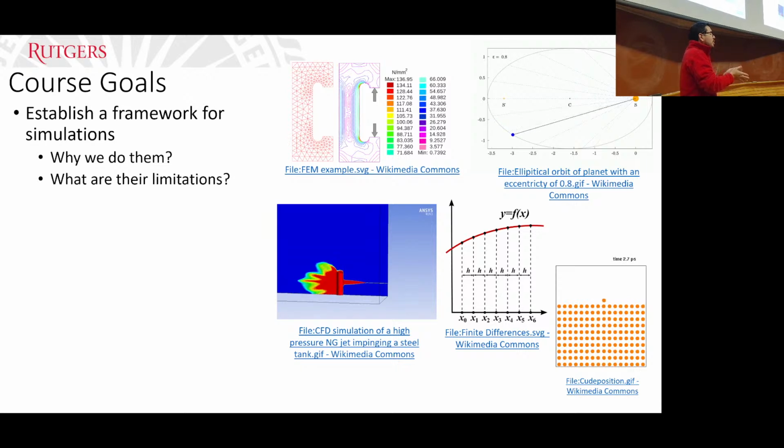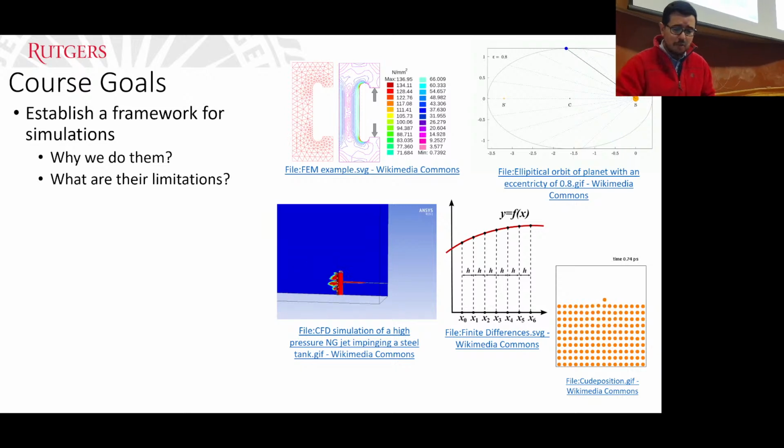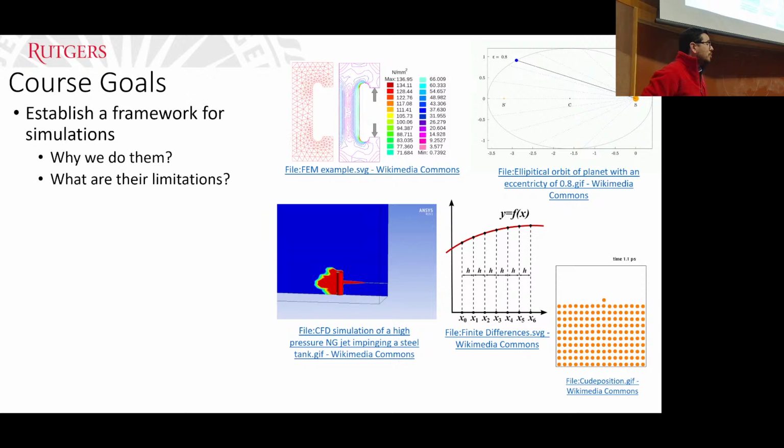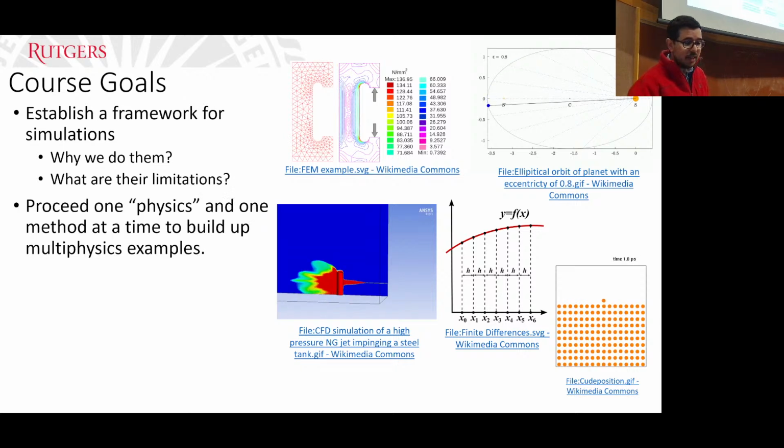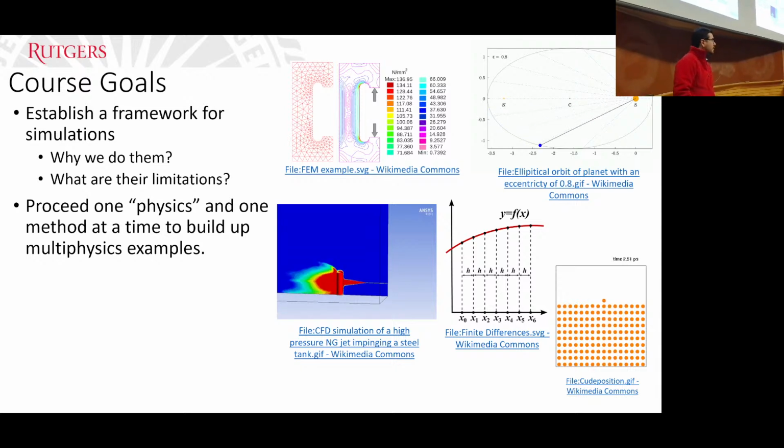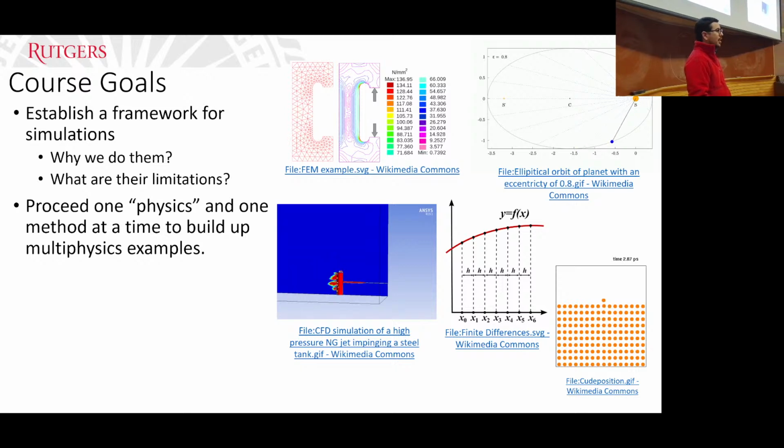We want to compare as much as possible to the analytical results and then be able to go a little bit further. We will also try to explain what some of the limitations are and some of the factors that you're going to consider. Okay? We will look at one physics and one method at a time.